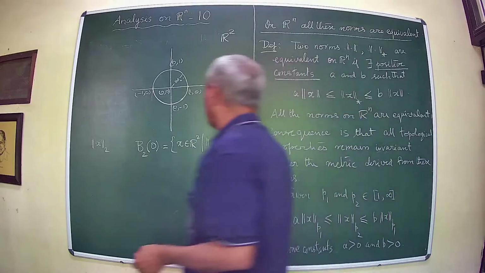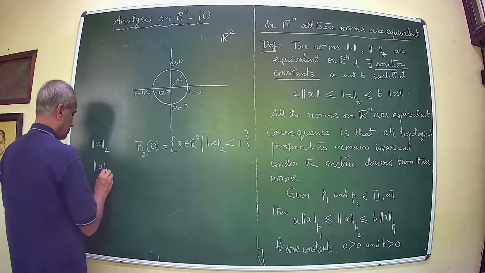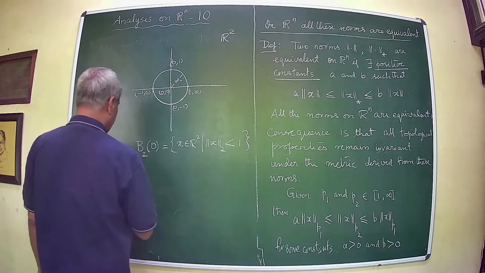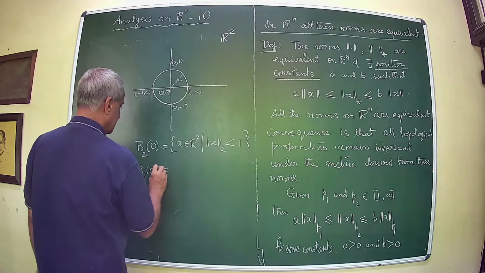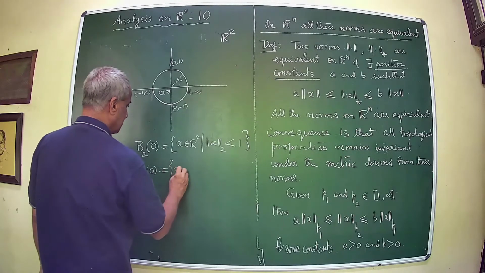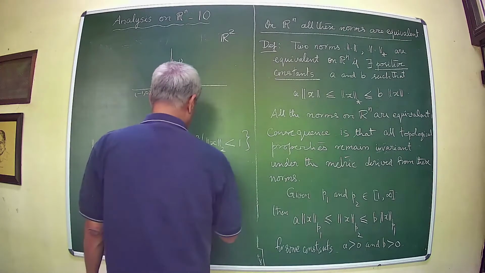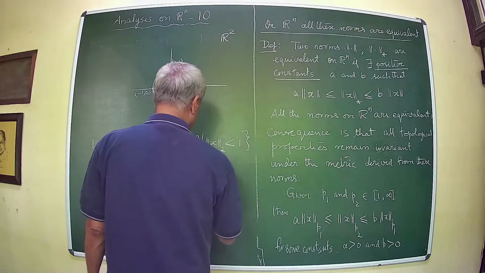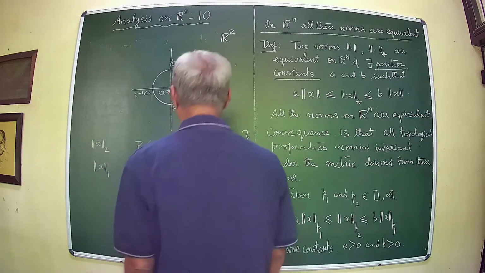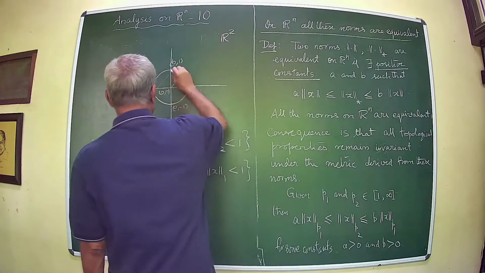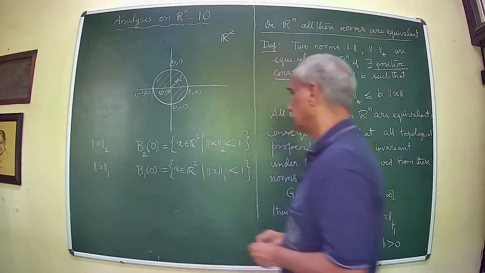Suppose you take norm 1. Then the corresponding unit ball, such that norm of x1 is less than 1, I am talking about the open form. So this is the interior. Okay.